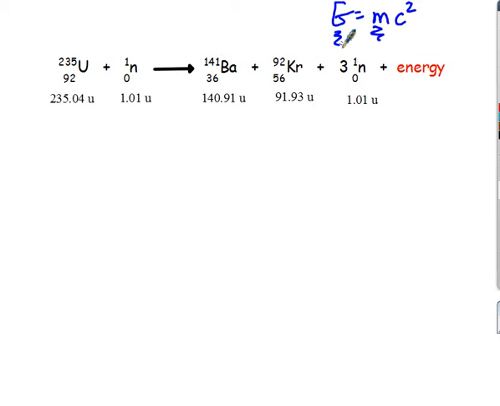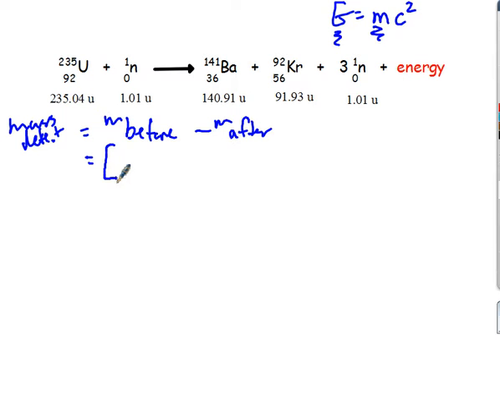So my mass defect is just my mass before minus my mass after. I have some masses here, some more precise values in AMUs. And I can find out my mass before and subtract my mass after. And that's my mass defect. So in this situation, my mass before, I have my large uranium nucleus plus one individual neutron that I shoot at that nucleus.